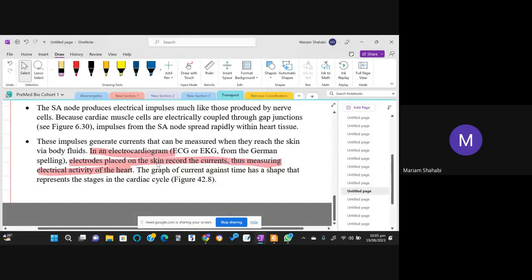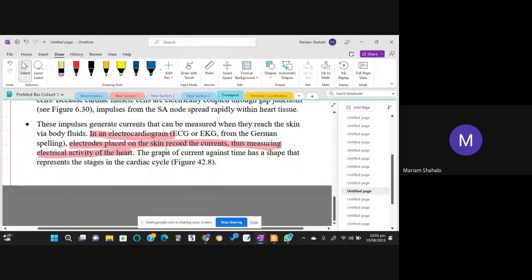Basically, a little of this electrical activity can be felt on our skin. We don't feel it, but some of these signals can be picked up by this machine. And the machine will record these currents and give us a graph.